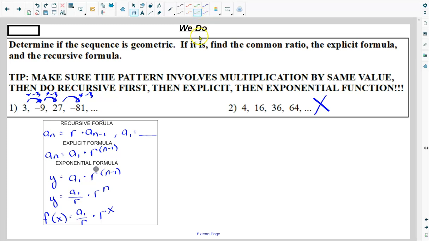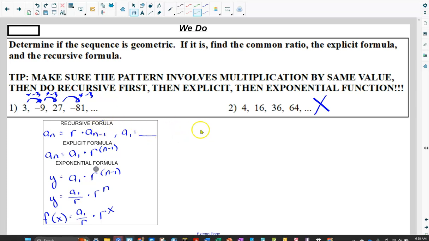Let's go green. Maybe it'll stand out a bit more. Okay, so recursive formula. You definitely want to put that title up here. Okay, recursive formula. So I'm gonna look how easy this is. I already found R. This is the common ratio. Okay, this is the common ratio. So I'm gonna have a_n equals R, the common ratio, -3.